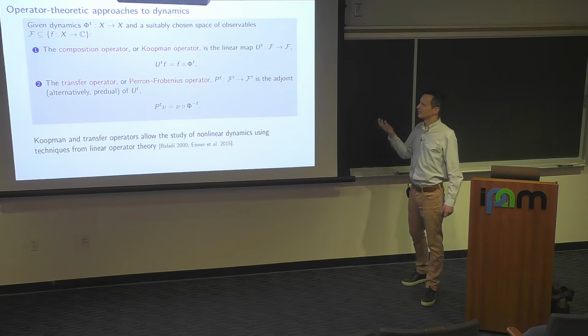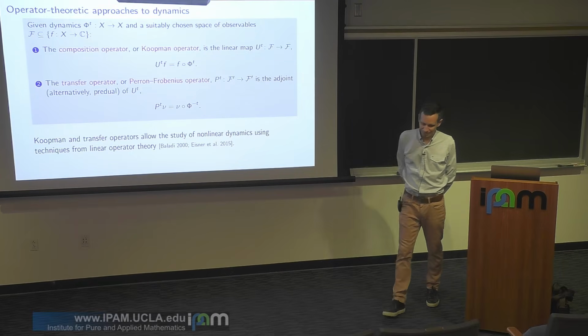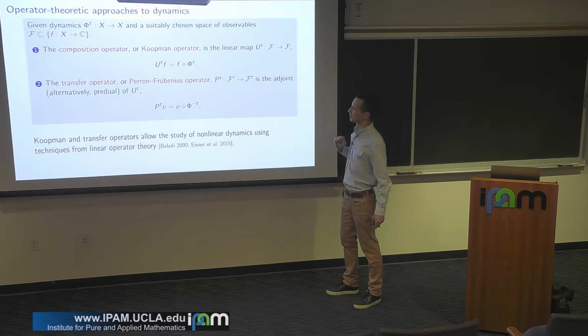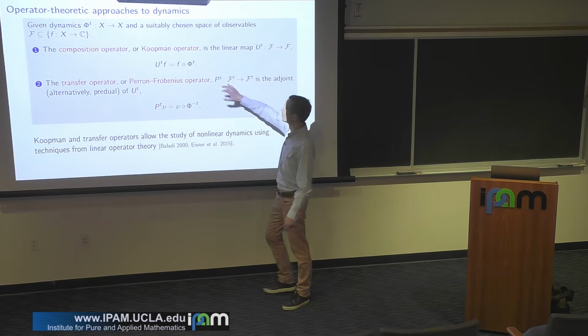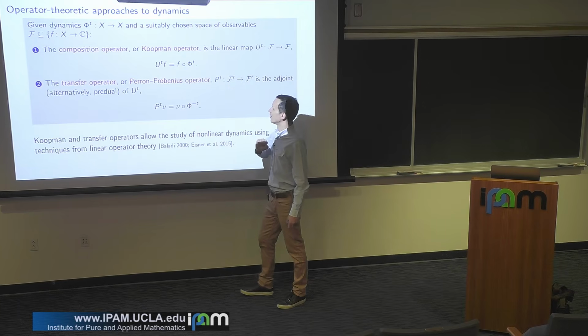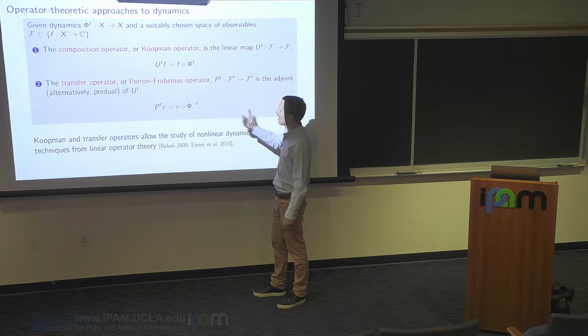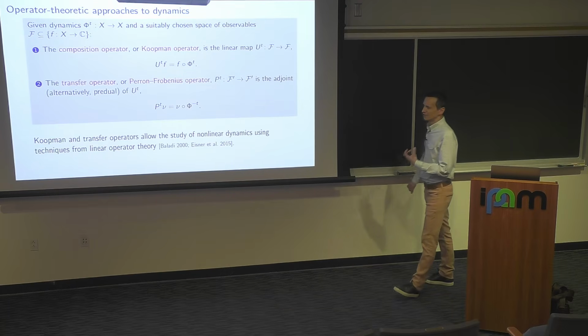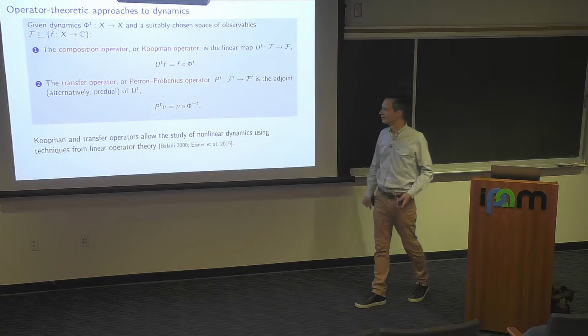Another way of thinking about this, since yesterday we heard a talk on representation theory, is that this is some type of representation theory. We have a group of nonlinear transformations, and we are studying it through its action on linear spaces. This is fundamentally a representation theoretic concept.